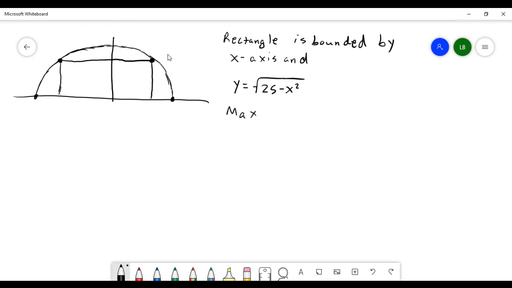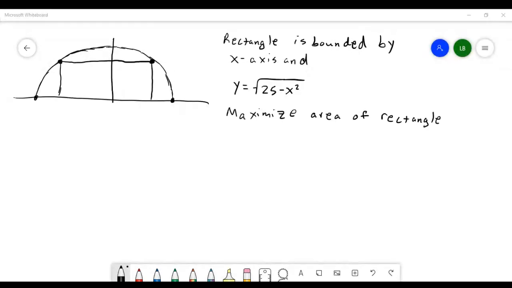So we want you to maximize the area of the rectangle. Think you can try that one? I'll give you a few minutes to work on it.